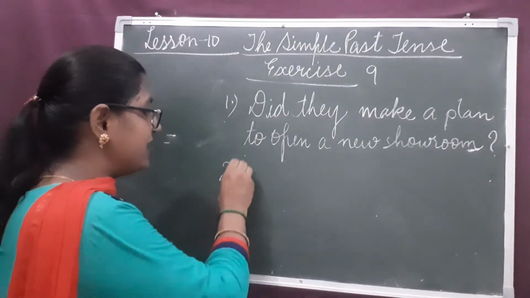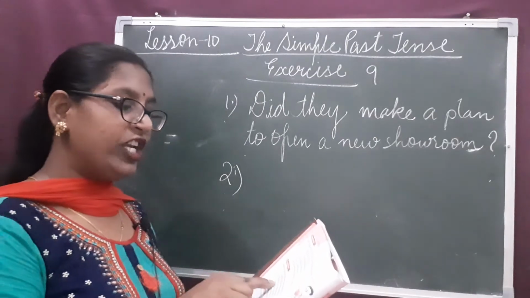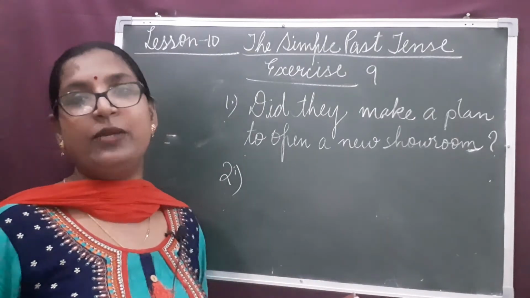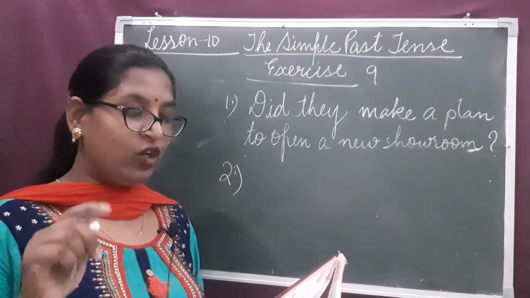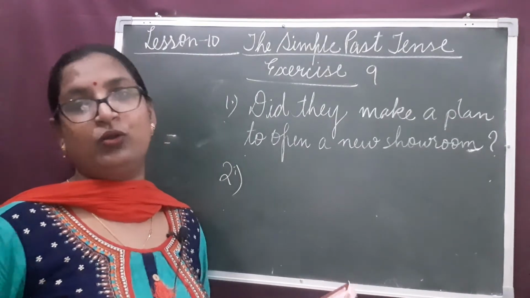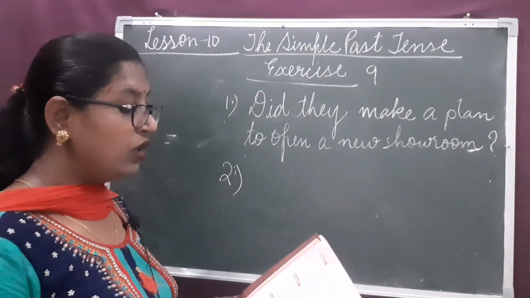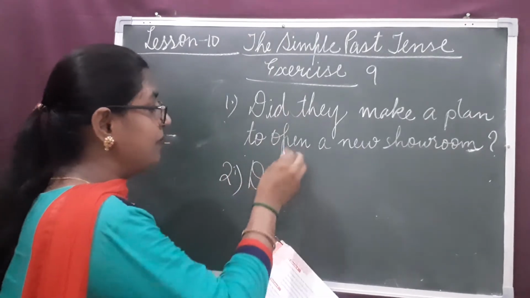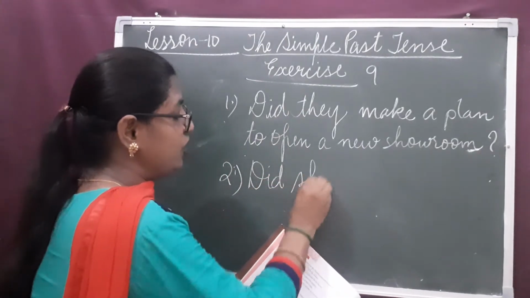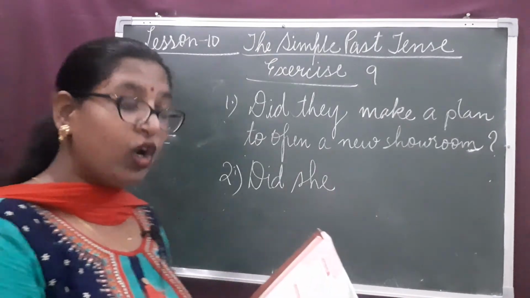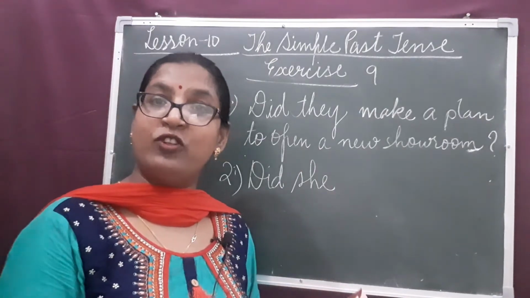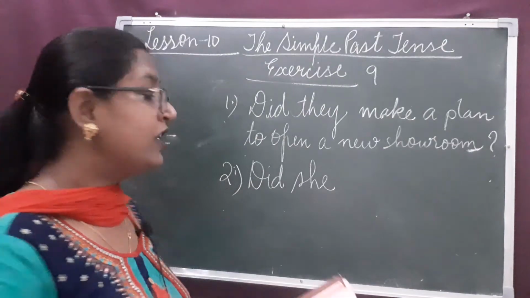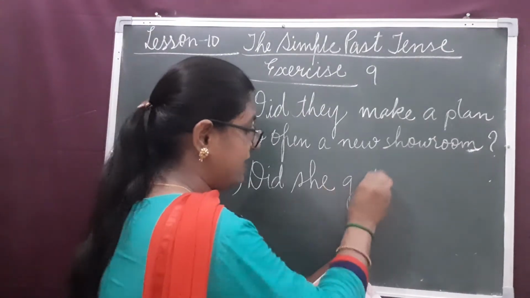Look at sentence number 2. She got her seat booked through e-booking. So, again the verb did will come. Did, the subject she. Did she? Got, past tense form will be changed into its base form. Did she get?